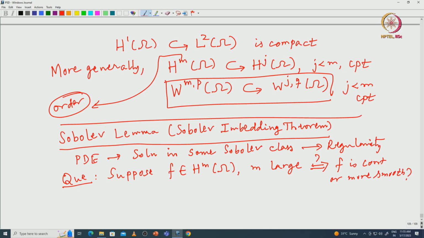Let me begin with one simple case. In fact, this is an exercise. This is n equal to 1, and a, b is a finite interval.